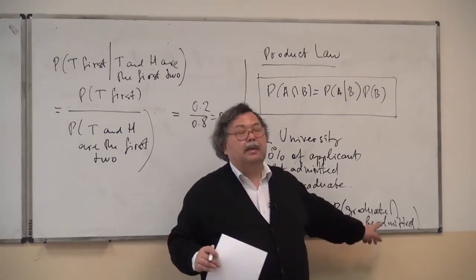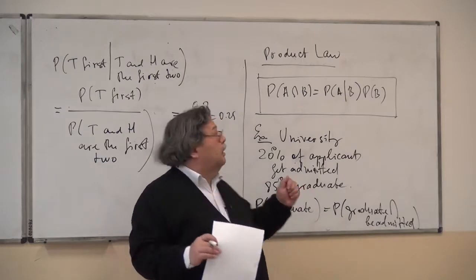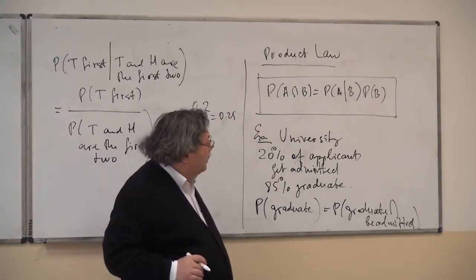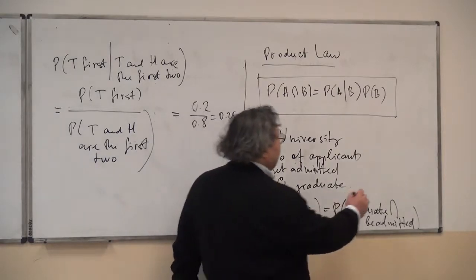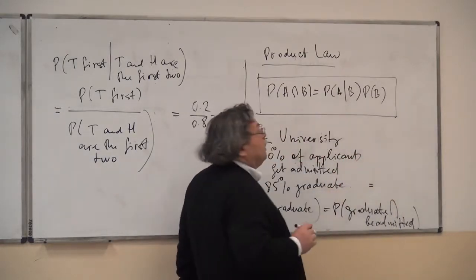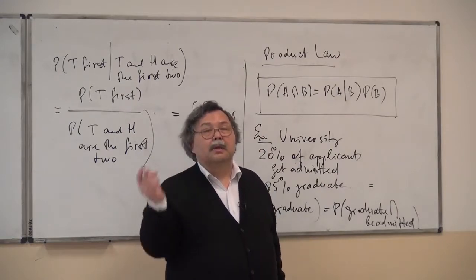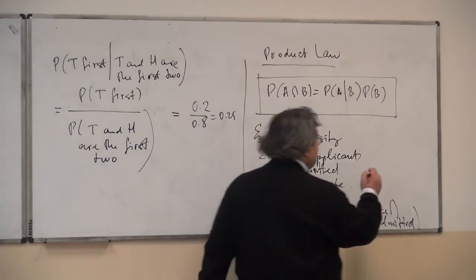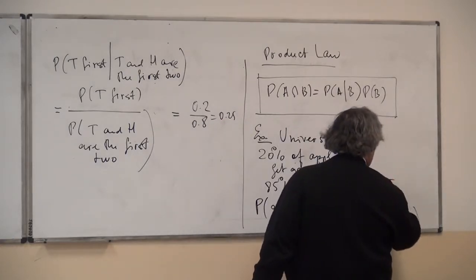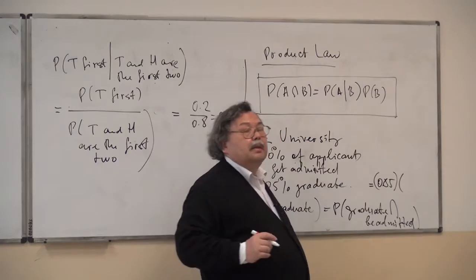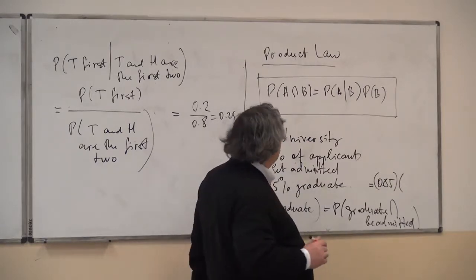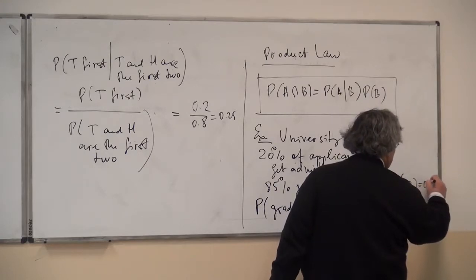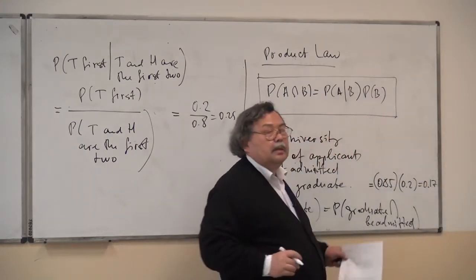But because we write it this way, we can use this formula now, the formula for the intersection of two events. And we write it this way. The probability of graduating given that you're admitted, which is given as 85%, okay, and it must be multiplied by the probability of being admitted, which is 0.2, and this is what we get as a result.